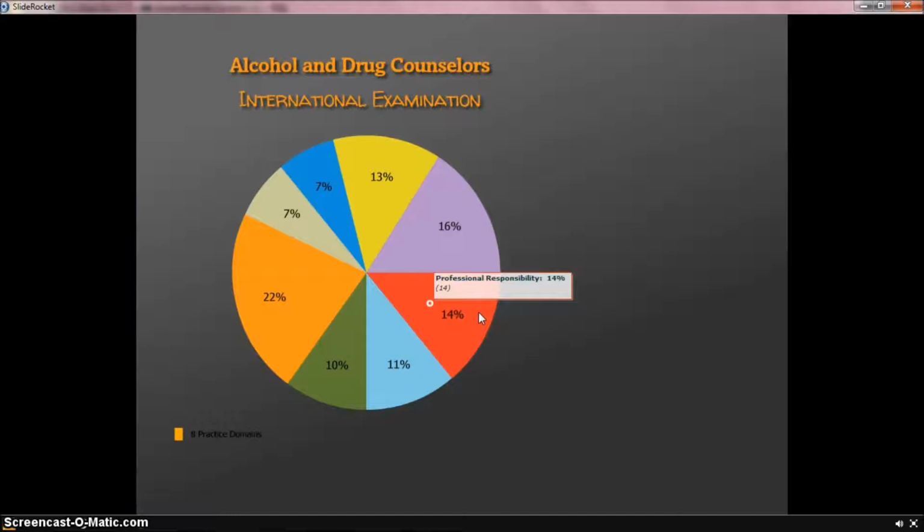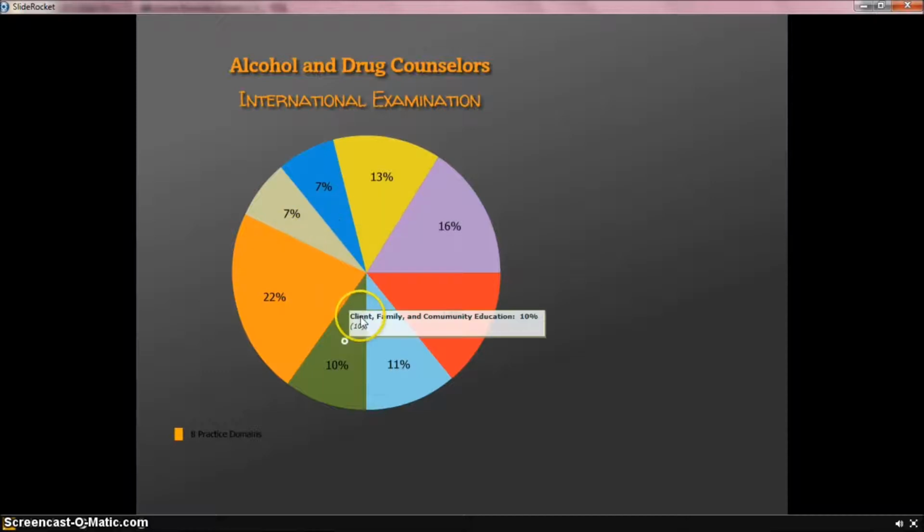The test really measures your knowledge on ethical responsibilities. Then 13 questions for treatment planning, and then fewer questions for referral, service coordination, client, family, and community education is 10%, and 11% is for documentation.